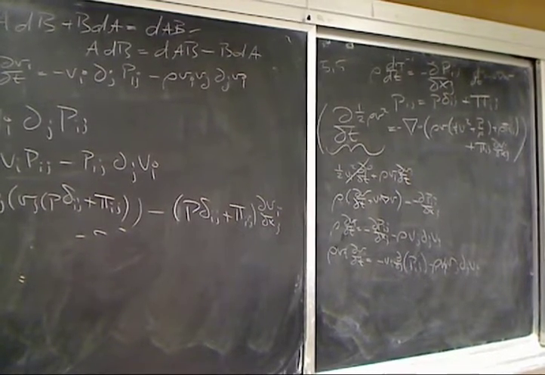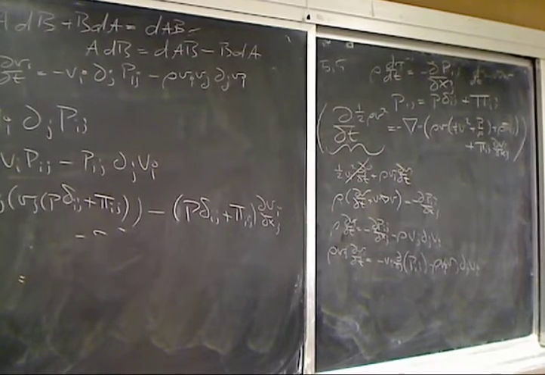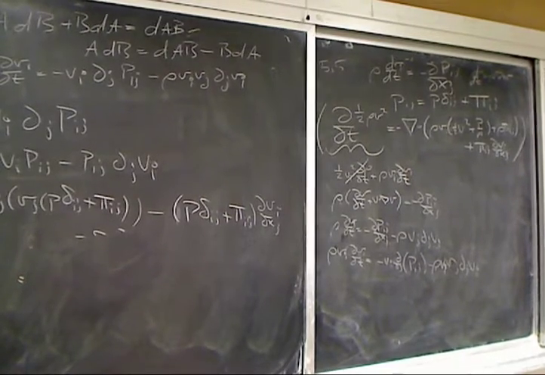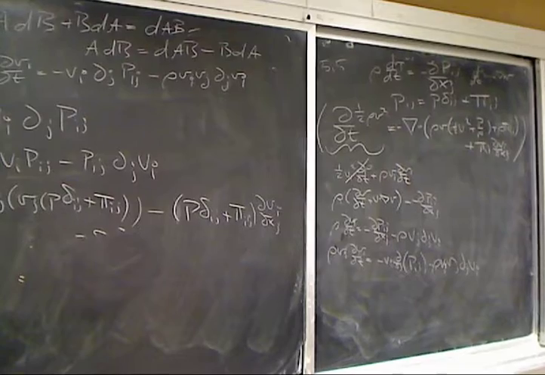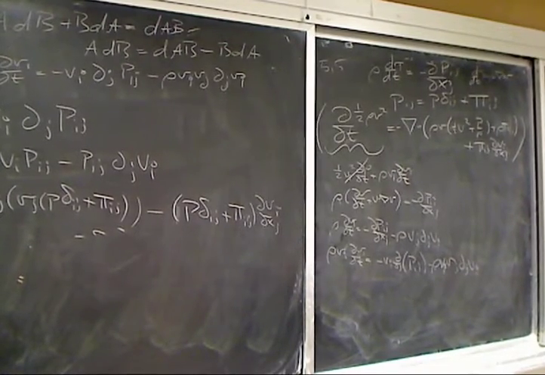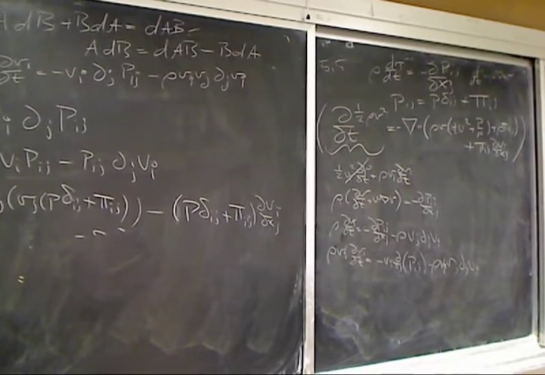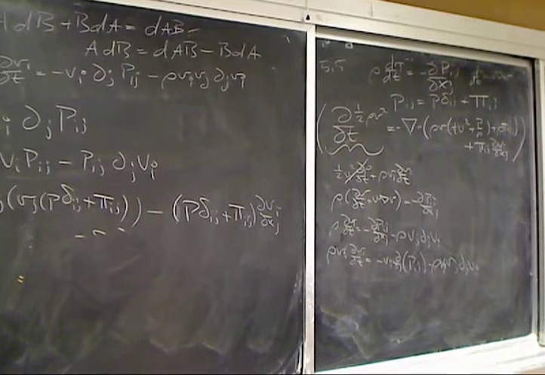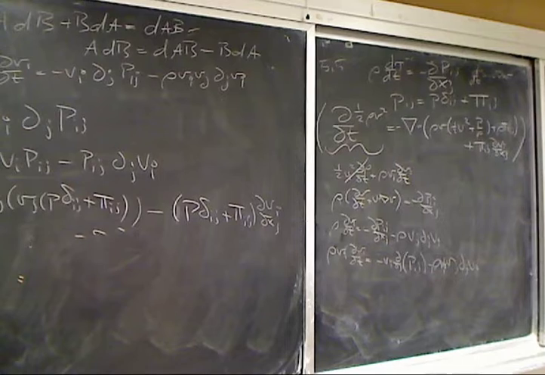And now I've got ∂/∂j of vj times pressure δij. This delta is missing from the book. I hope that didn't confuse anybody too hard. There ought to be a delta in the problem, but there isn't. It's just a p. Plus πij, plus other stuff that's going to go in there, plus πij ∂vi/∂xj. So that's the other term that I got. And then that guy disappeared.